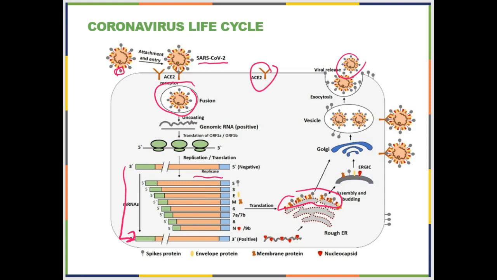So that replicase enzyme does not exist in human cells, and that is one of the few targets that we can use drugs for to treat the virus, is to try and develop antibiotic type drugs that can interfere with the function of that enzyme and slow down the replication of the viral genome, so that hopefully your immune system can kill this cell before it churns out too much virus over here on this side.